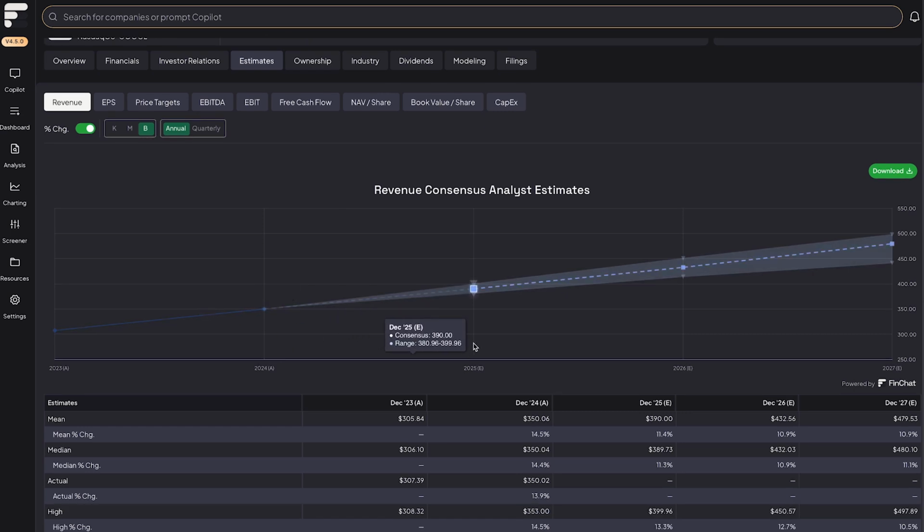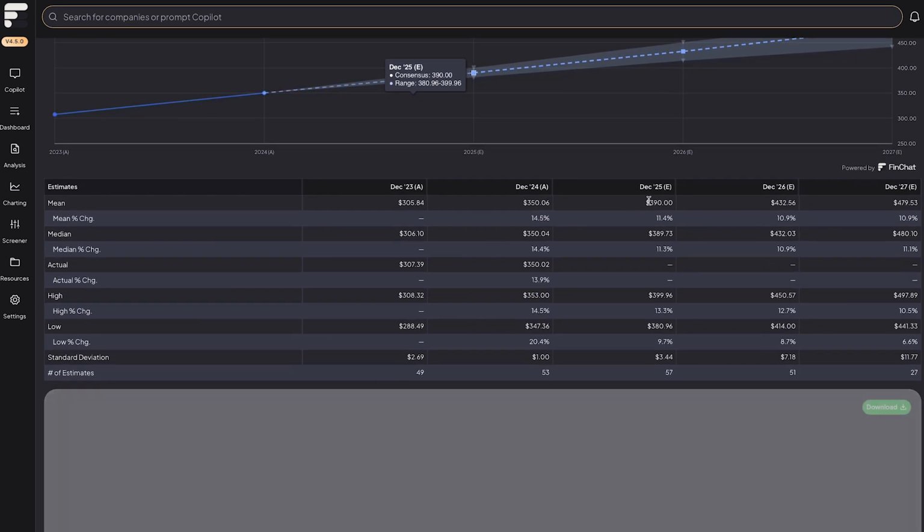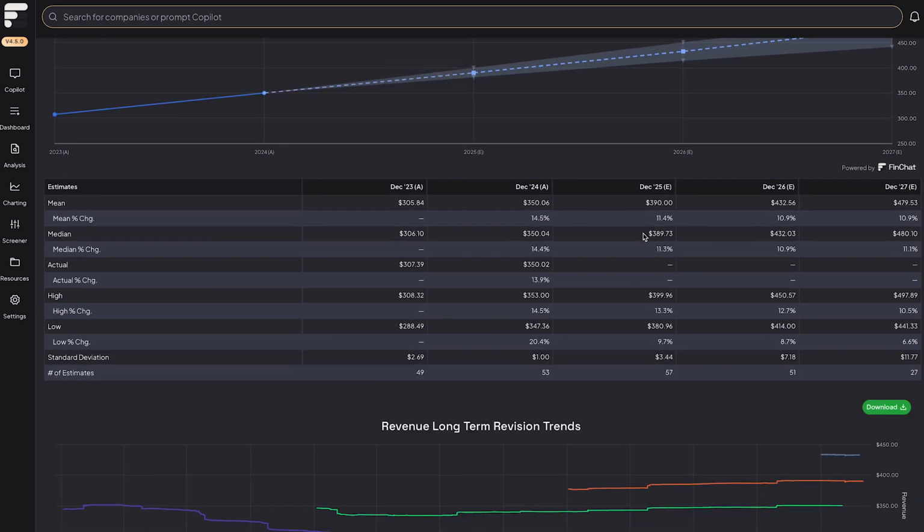So we're currently in 2025, and by the end of the year, the consensus is that Google will make around $390 billion in revenue. And if I scroll down, you've got a high and a low, and then you've got the mean as well. And the mean is 390, which I showed above. And that would be an 11% growth from the previous year, so from 2024.